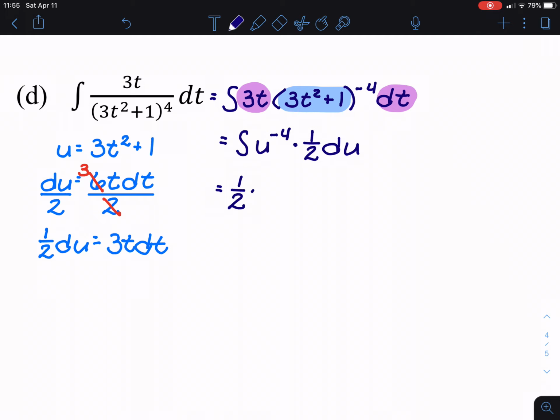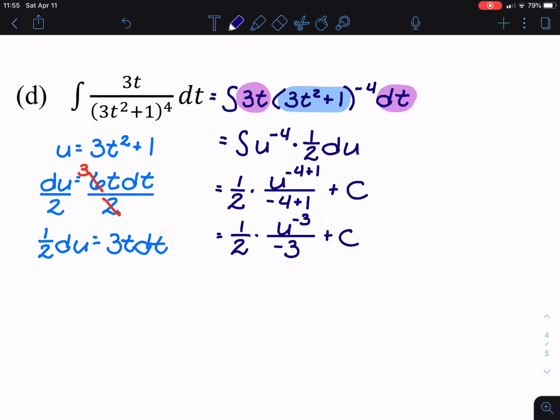Then I take the exponent and add 1 to it, and put the exponent plus 1 in the denominator, plus c. So this is 1/2 times u to the -4 plus 1, which is u to the -3, over -3, plus c.